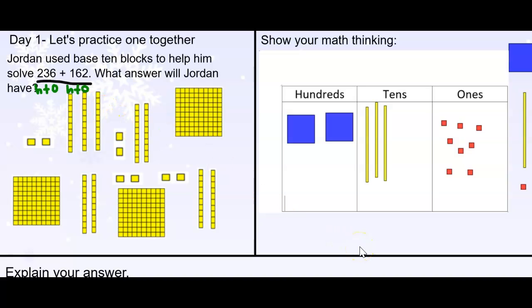Help me count. 1 ten, 2 tens, 3 tens, 4 tens, 5 tens, and 6 tens. And how many hundreds do we need? Yes, 100.